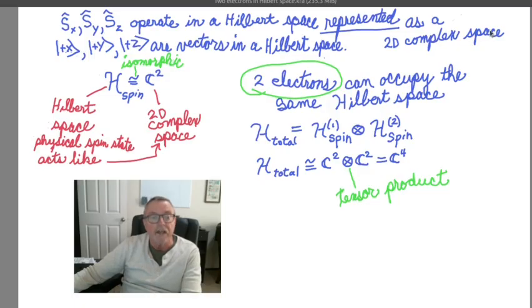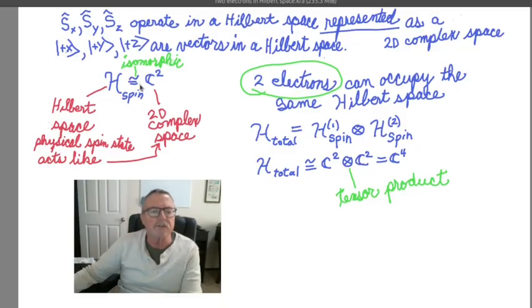That's why down here I say represented, and down here it says stands for the Hilbert space for the spin, and then this symbol, rather than an equal sign of a 2D complex space, has a little squiggle over the top.